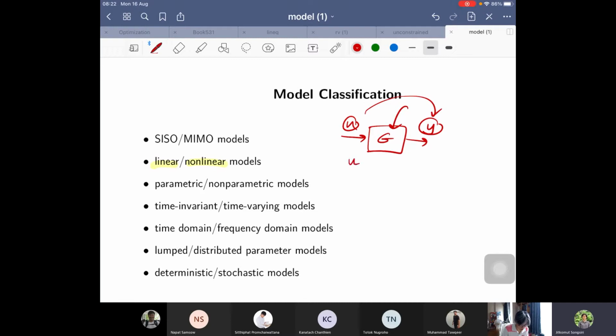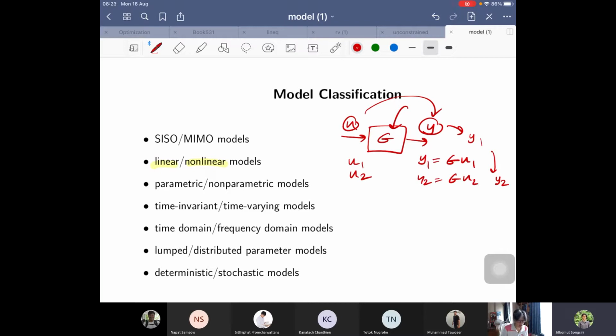for example, if you have U1 and you observe the output Y1, the representation is Y1 equals G U1. Another time you apply the signal U2 and then you observe the output Y2. So your Y2 is G times U2.